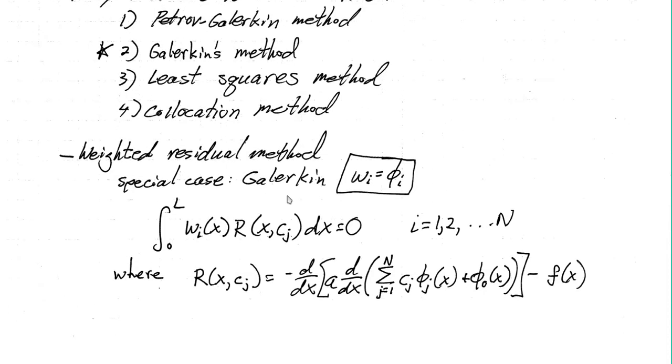What that means is you restrict these interpolation functions to be the same as what's called a weight function, right? There's a subtle difference between the interpolation functions we've talked about and what I'm going to introduce, a weight function. So what I want to do is make this go to 0 everywhere over the bar from 0 to L. Instead of forcing this to be 0 at every point, I'm going to multiply it by an unknown weight function, and I'm going to integrate over the whole bar.